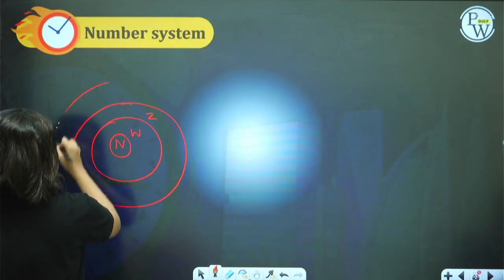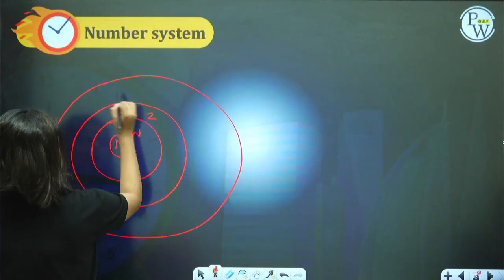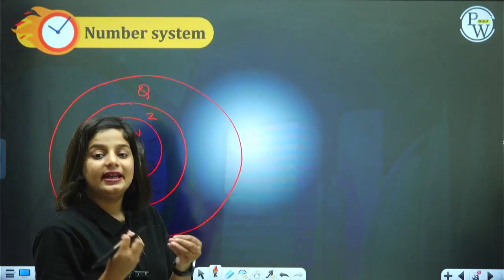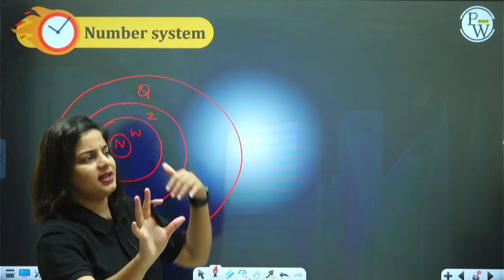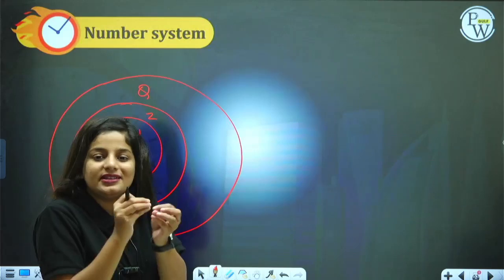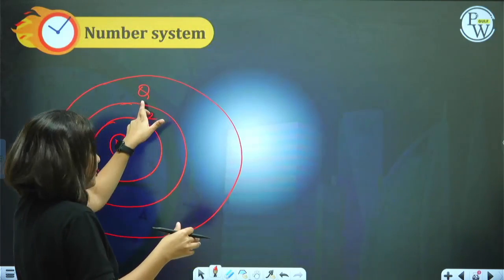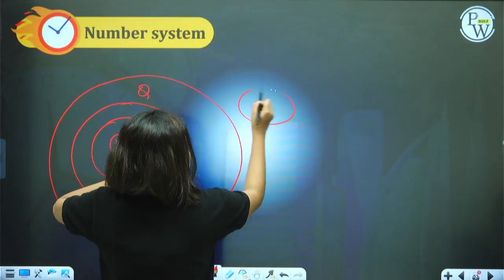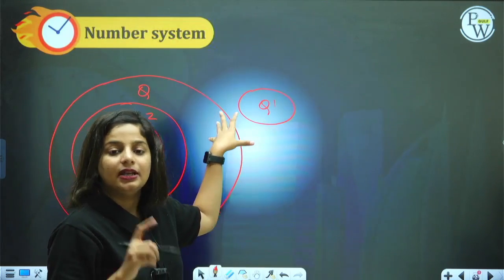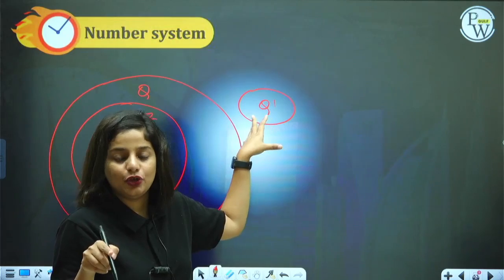Then integers, all the positive numbers, negative numbers as well as 0. Integers represented by Z. Then rational numbers. Now rational numbers will have all the decimals, fractions also. Positive numbers, negative numbers, 0. But now there will be 1 by 2, 1 by 3, all these fractions, everything will be there in rational. But there is something called irrational also, which is not rational. Something which is in the form of p by q is rational.